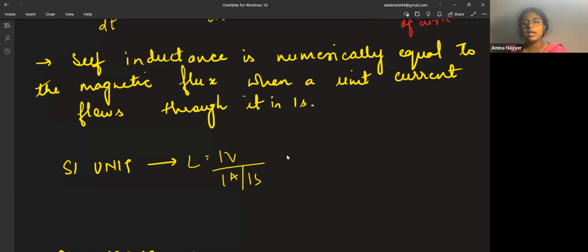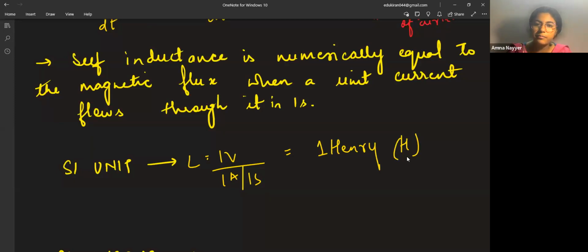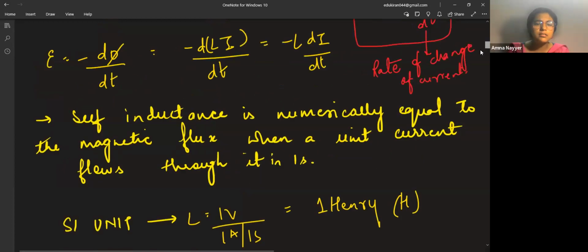We have one proper unit, which is 1 Henry. H will be used, Henry, for self-inductance. Self-inductance is numerically equal to the magnetic flux when a unit current flows through it in 1 second.